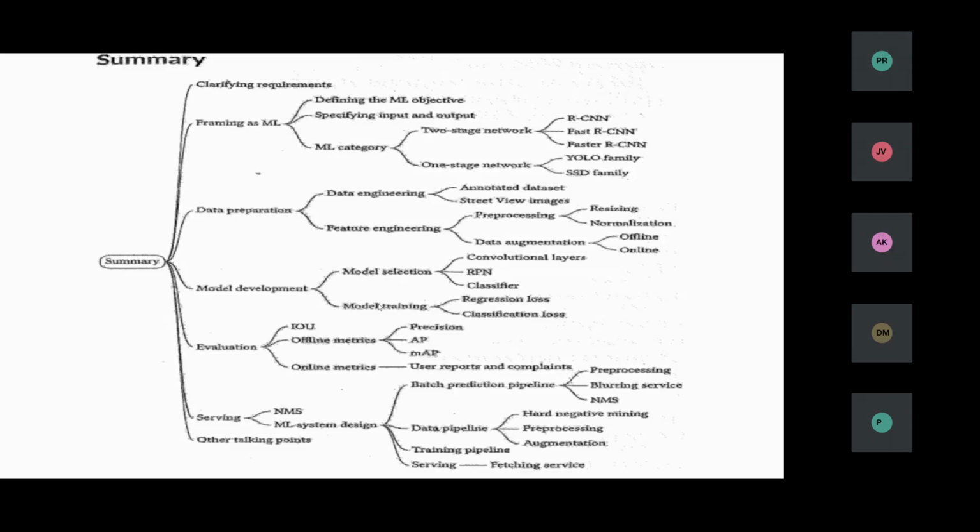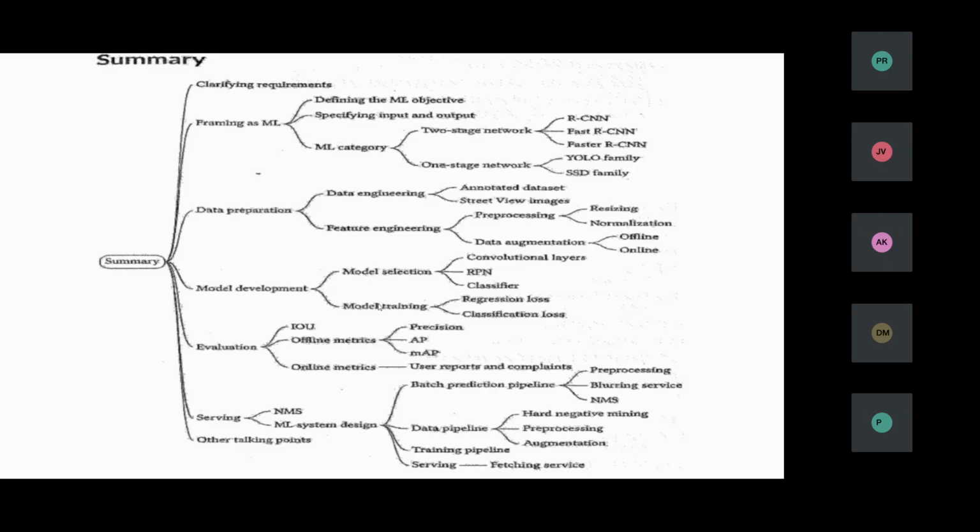where we defined the ML objective. We specified the input and output: the input is the raw image, and the output is a blurred face of people, as well as blurred license plates of vehicles.